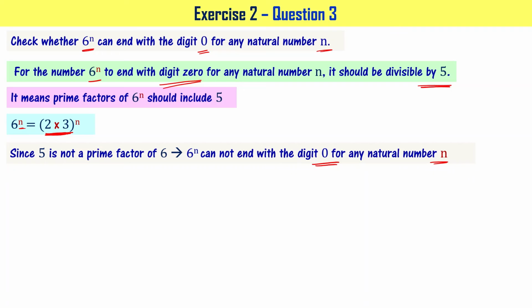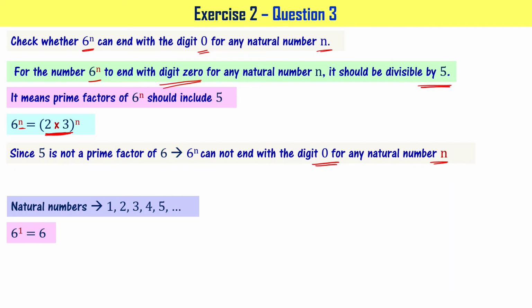Got it? If you want to understand this further, we can do it simply. We know that natural numbers are numbers like 1, 2, 3, 4, 5 and so on, right? What is 6 power 1? That is equal to 6, right? When I take n equal to 1, you get 6. When you take n equal to 2, 6 power 2 is 36.